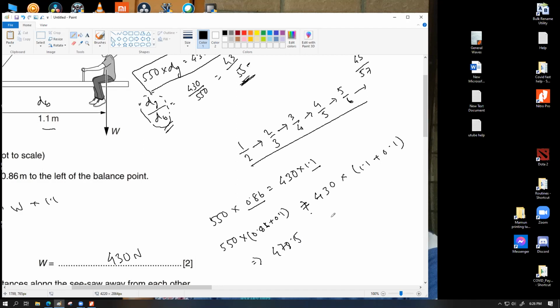We're getting 516. So you can see that by increasing the distance by an equal amount, both of them are not having the exact same value of increment of the moment. Which one is having a bigger increase? Which moment is getting bigger? The girl's moment. The girl's moment. And the sister's. How?